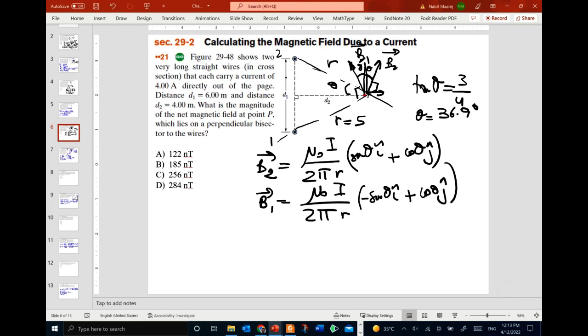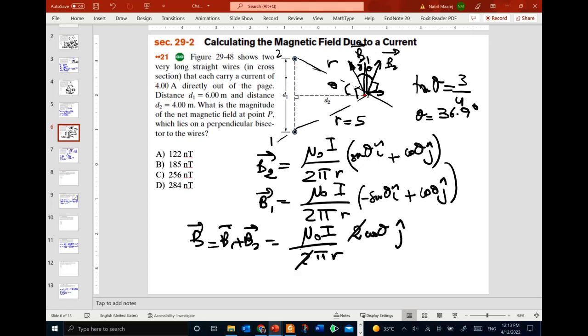So if I add the two vectors, B equals B1 plus B2, which is mu 0 I divided by 2 pi r. The sine thetas will cancel. Only the cosine theta terms will add, and it will be 2 cosine theta j.